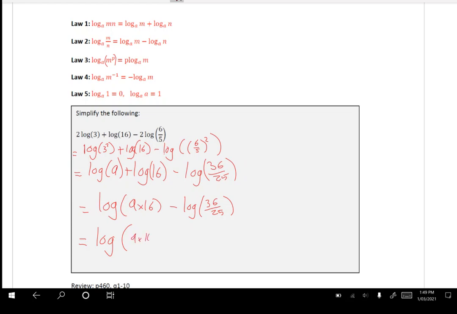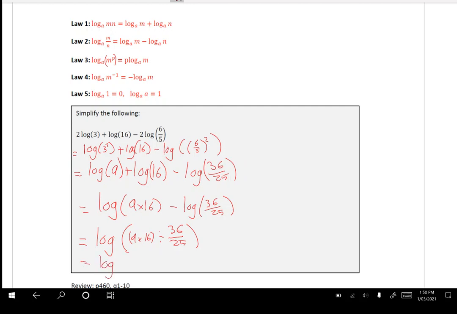So it'll be 9 times 16 divided by 36 on 25. What happens when I divide by a fraction? How do you divide by a fraction? Flip it and times it.